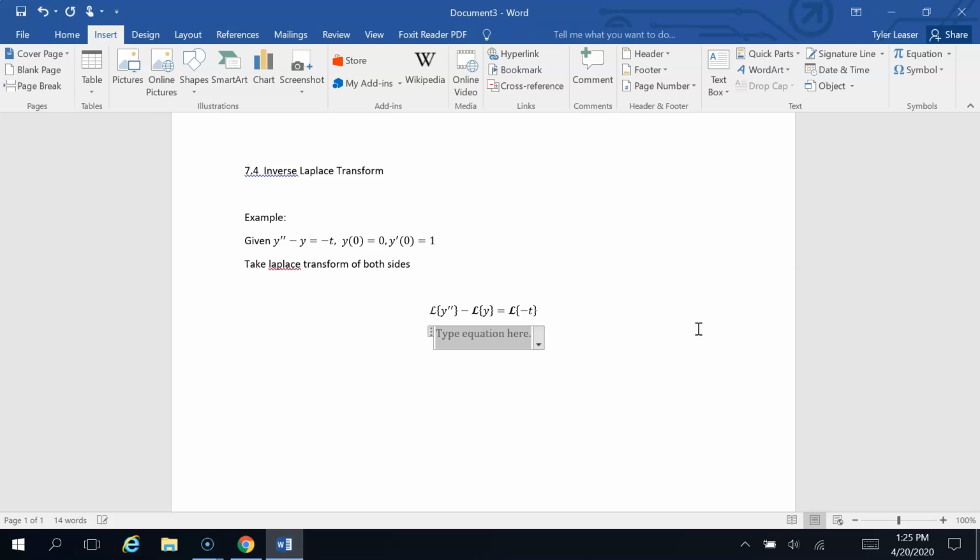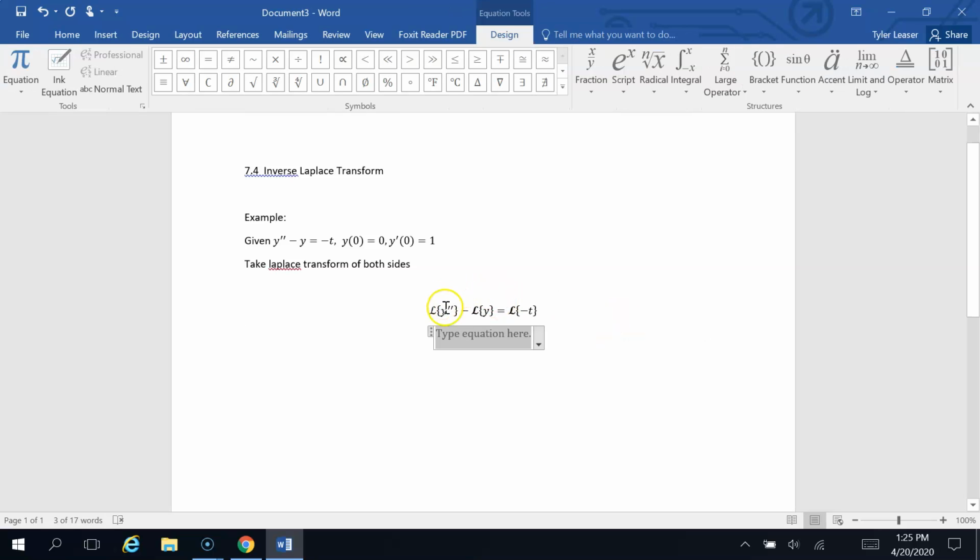Okay, so we can do each of these. Remember that we saw a theorem about taking the Laplace transform of a derivative. Here we have the second derivative.